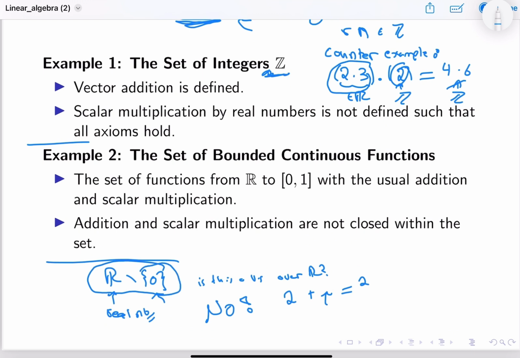Any number that you add to 2, whatever it is, it's not going to be 2. So if you add n, this is 2 plus n, and this cannot be 2 unless n is 0. But there's no 0 in this set. So this set is also not a vector space.